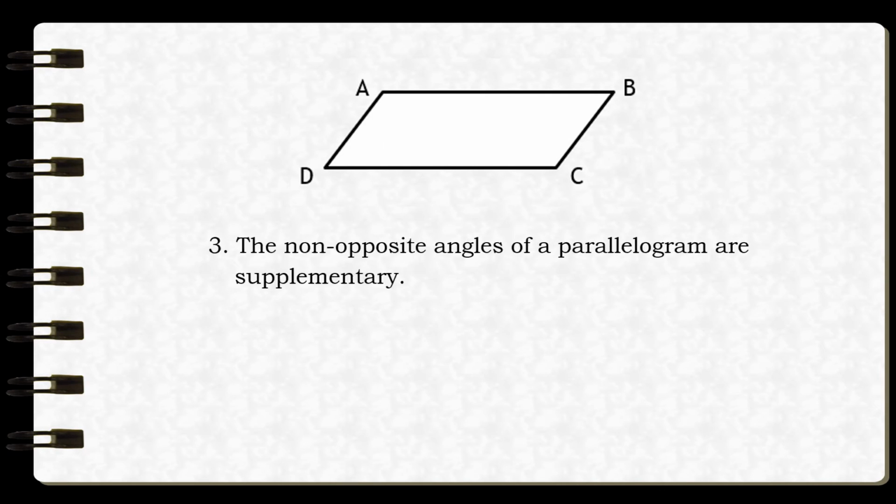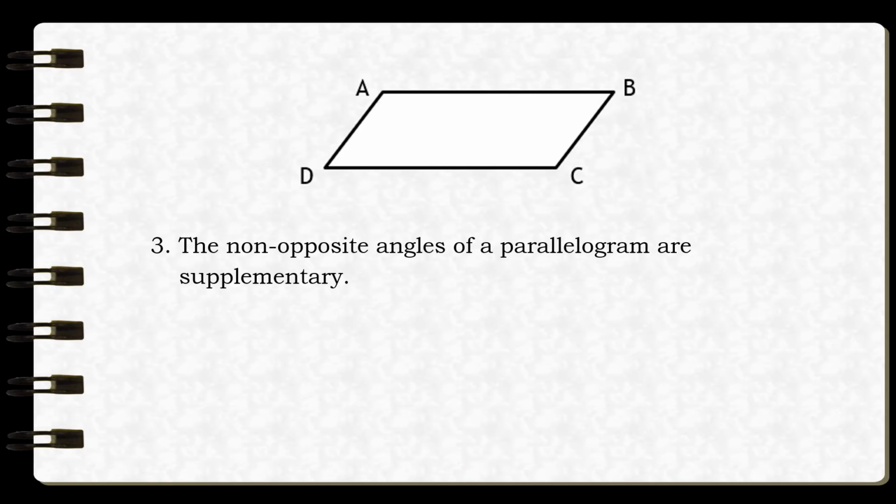Third property, the non-opposite angles of a parallelogram are supplementary. The non-opposite angles of a parallelogram are angles A and B, or angle B and angle C, or angle C and angle D, or angle D and angle A. It means that angle A and angle B are supplementary.